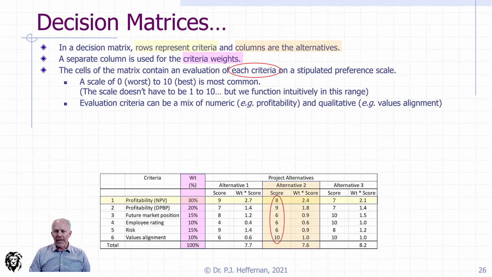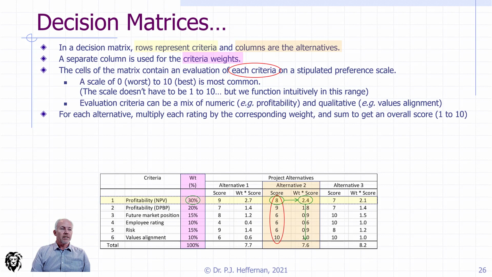We work really nicely in the decimal world. You can choose anything else you want, it's just not going to be as intuitive to understand its relative balance. So we'll use 0 to 10, and the evaluation criteria can be a mix of numeric, i.e. our profitability discussion, or qualitative, maybe a values alignment or some other qualitative criteria that needs to go into your assessment.